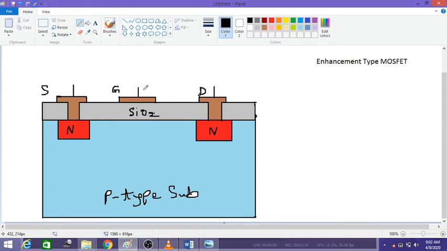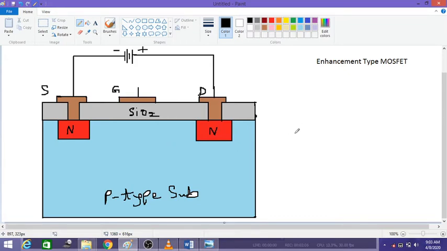So if I connect my VDS supply here, I connect the positive potential to the drain and negative potential to the source, that is supposed to make the MOSFET work.